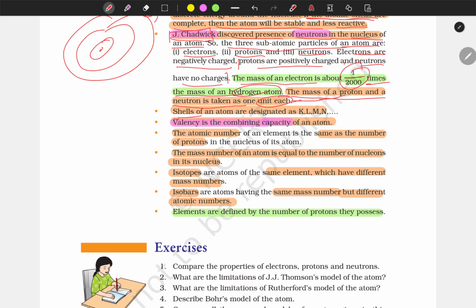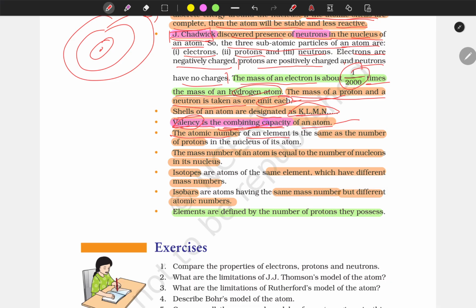Shells of an atom are designated as K, L, M, N. Valency is the combining capacity of an atom. If valency is more, it has more combining capacity, so it will be more reactive and show more chemical activity. If valency is 0, it will hardly show any chemical activity.